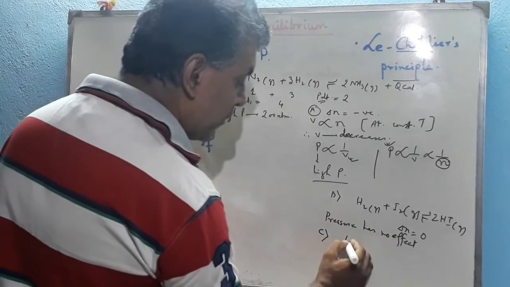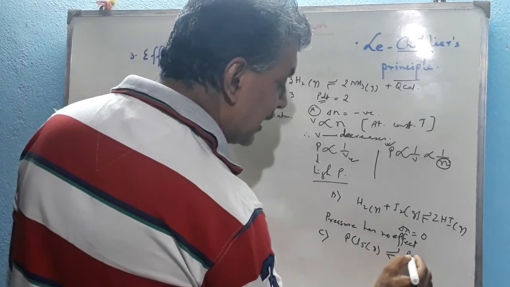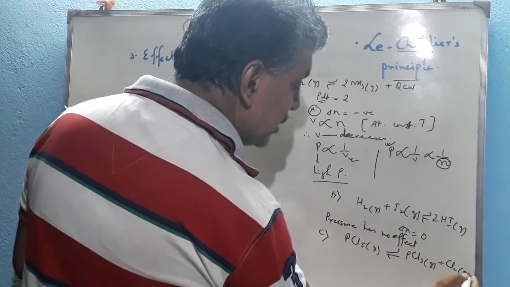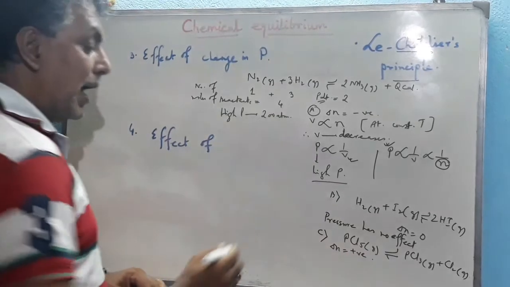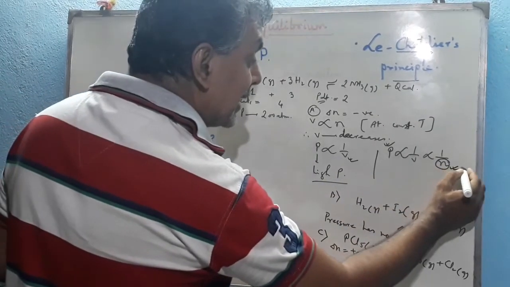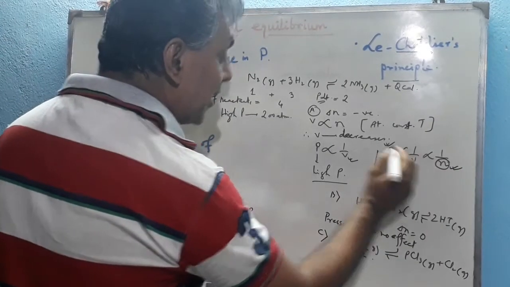In case of C, suppose PCl5 in gaseous state dissociates at equilibrium in a closed container to form PCl3 gaseous plus Cl2 gaseous. So see this, del N is positive here. As del N is greater than 0, the number of moles increases in the forward reaction. So we can say that pressure must be decreased.